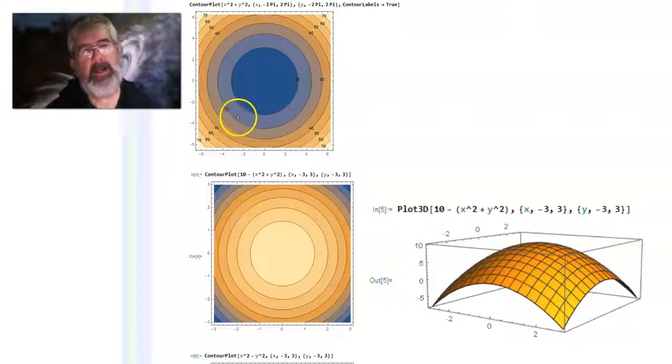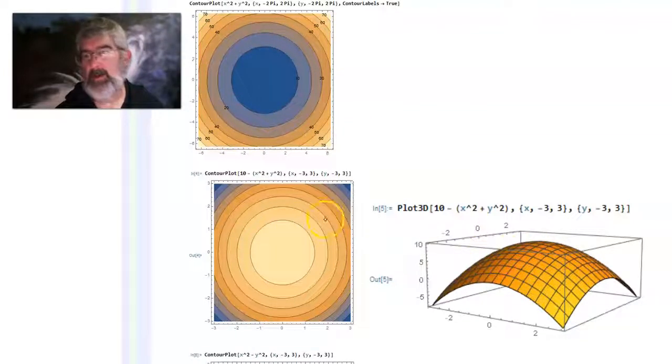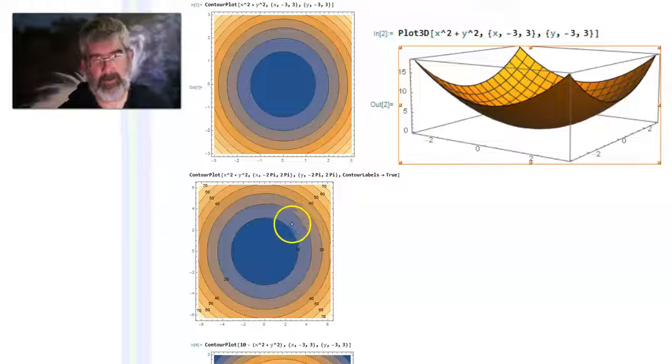A lot of times, in order to tell whether you're looking at the top of a hill, like this one, or the bottom of a valley, like that one, the level curves are labeled. They put a little number on the curve. Here's a 20, and a 30, and a 40, and a 50, and a 60, and a 70. They tell you what the elevation is.